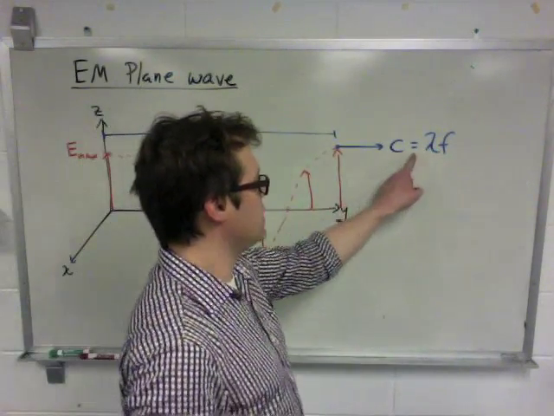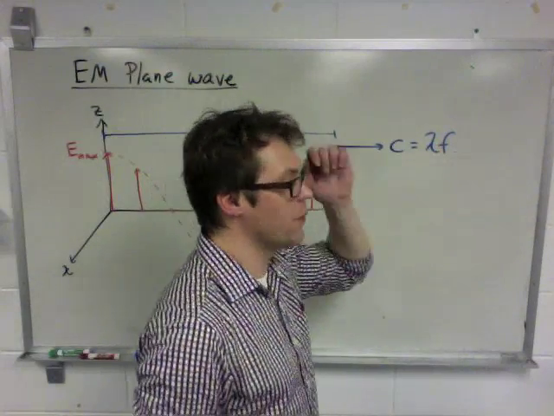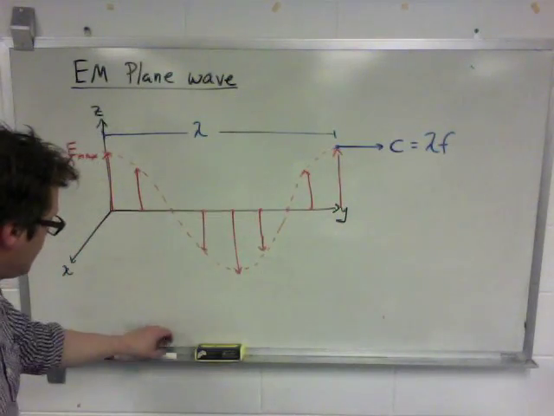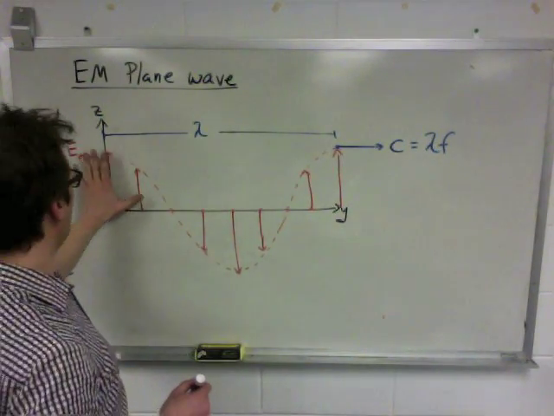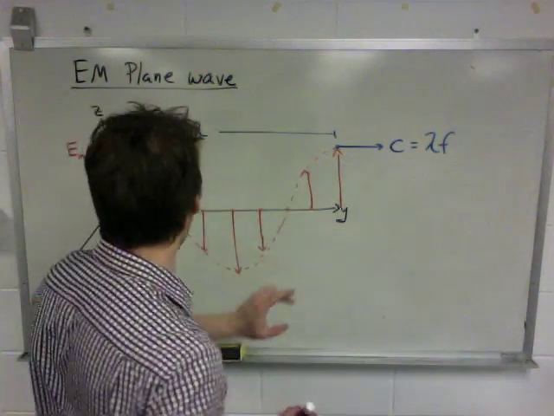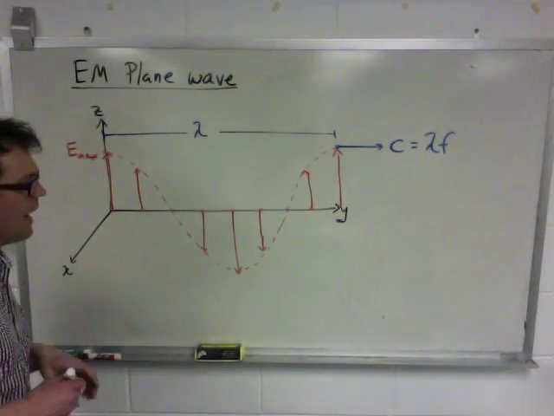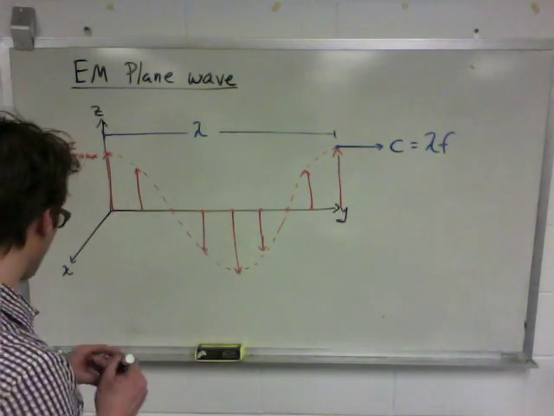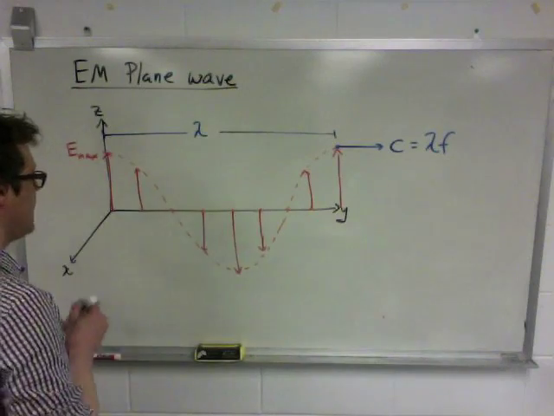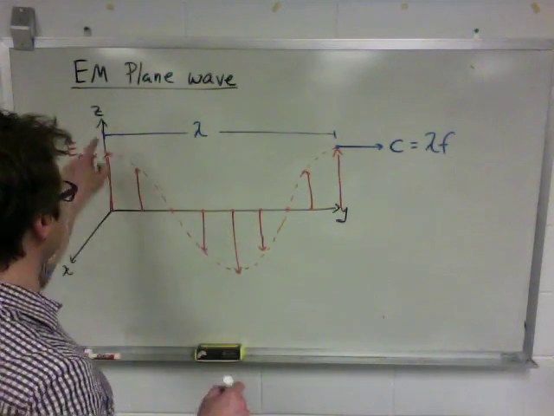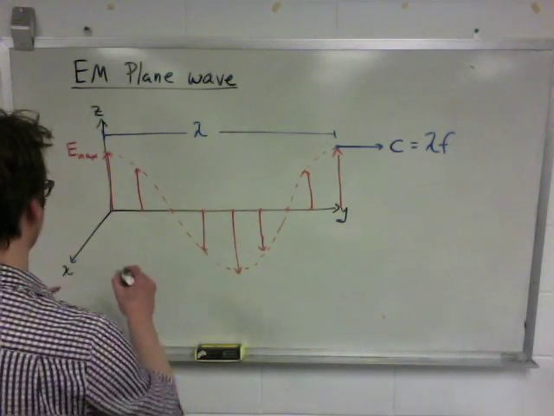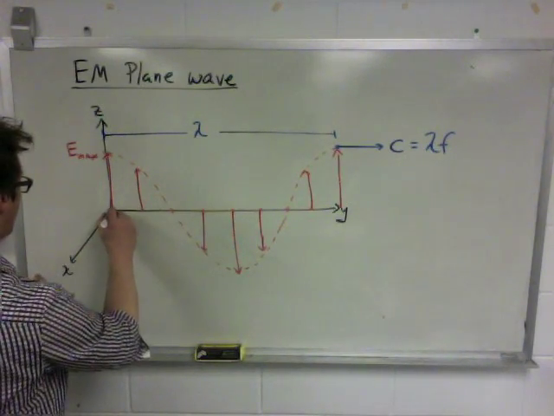Because the speed of the wave is always equal to the wavelength times the frequency. So this is what the electric field looks like along the zy plane. Turns out the magnetic field looks similar, although it's not going to point in the positive or negative z direction as the electric field does. It's going to point in the positive or negative x direction.